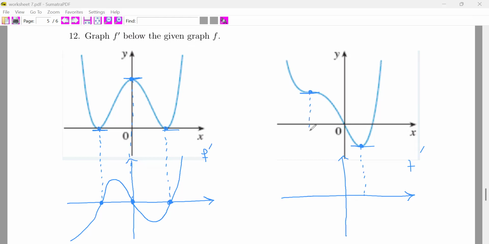Between these 2 points, the graph is decreasing. So it means that for f prime, the graph is negative between these 2 points. So it will be something like this. After this point, it is positive because it is increasing. And before this, since it is decreasing, it will be negative.